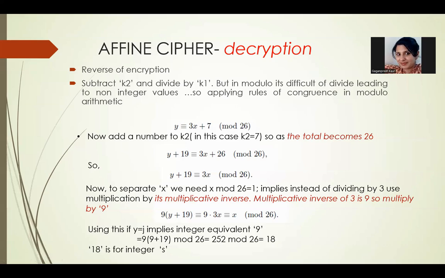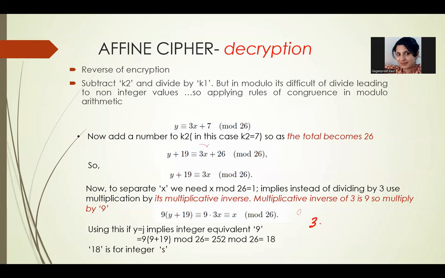So what should I multiply 3 by so that mod 26 gives me the remainder 1? Because I don't want 0, I want remainder 1, because x into 1 is x.